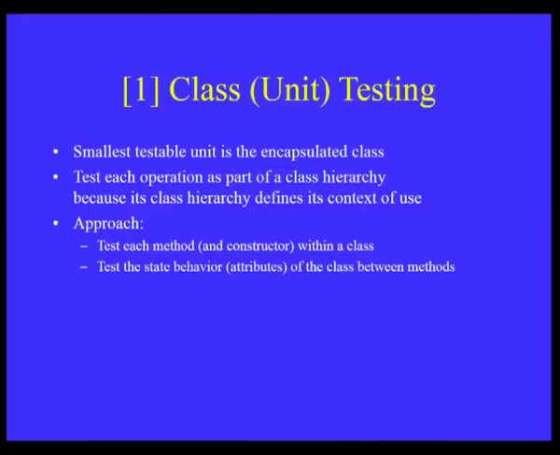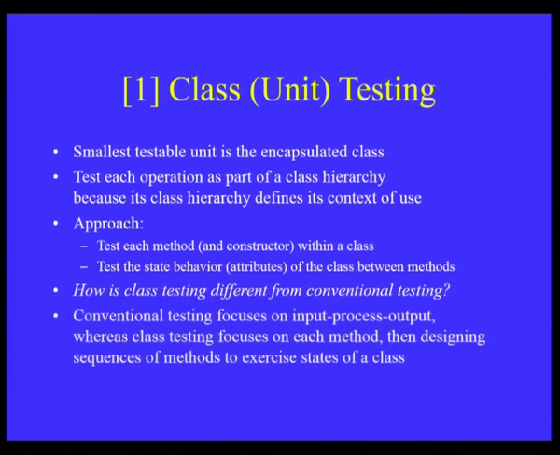The smallest testable unit is the encapsulated class. Test each method, test the state behavior. How do you test a class? That is the question that is being asked. Forget about converging 4 types. How is class testing different from conventional testing? Conventional testing focuses on input, process, output, whereas class testing focuses on each method.